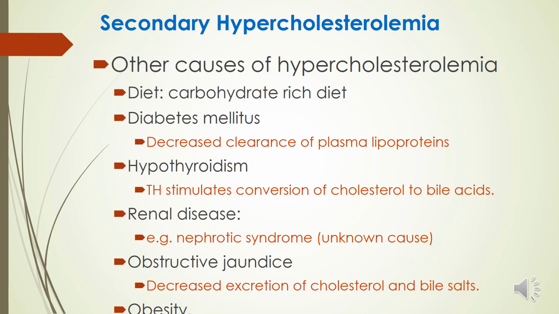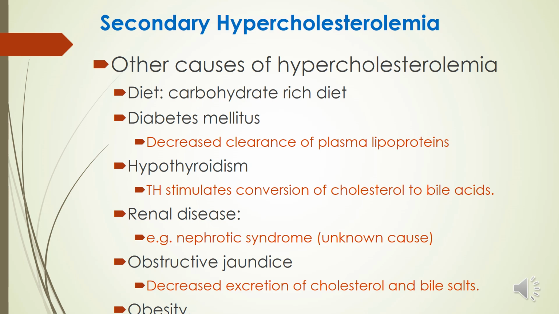Other causes, or secondary causes, of hypercholesterolemia include a carbohydrate-rich diet, which provides the substrates for cholesterol synthesis. Carbohydrate provides acetyl coenzyme A and reduced NADPH for the synthesis of cholesterol. A second cause is diabetes mellitus, where lipid and all other types of metabolism are disturbed.